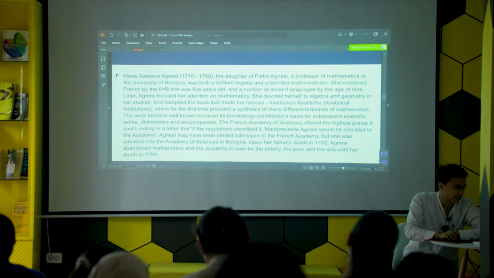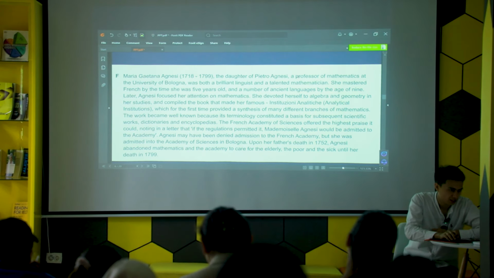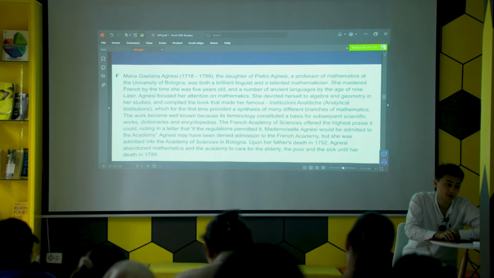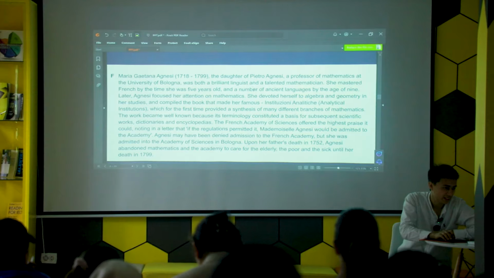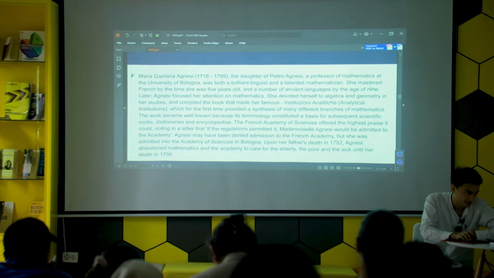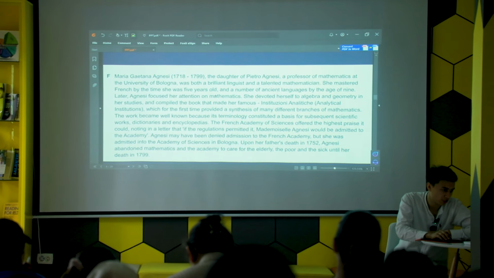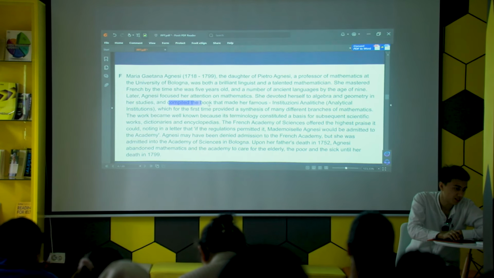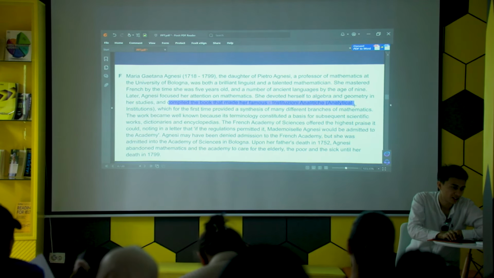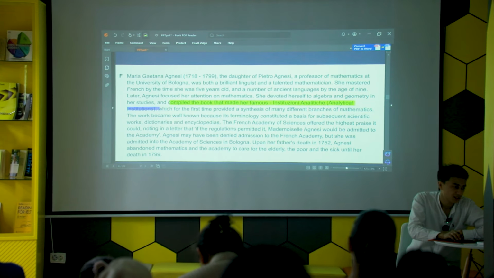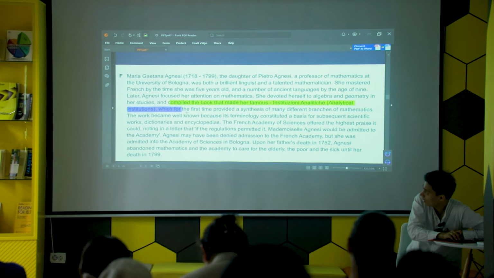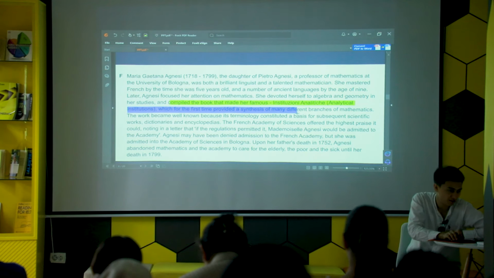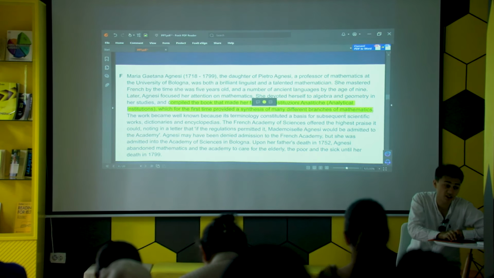Maria Agnesi was a daughter of a professor of mathematics at university, but was both a brilliant linguist and talented mathematician. She mastered French by the time she was 5 years old, and a number of ancient languages by the age of 9. Later, Agnesi focused her attention on mathematics. She devoted herself to algebra and geometry in her studies and compiled the book that made her famous, Analytical Institutions, which for the first time provided a synthesis of many different branches of mathematics.